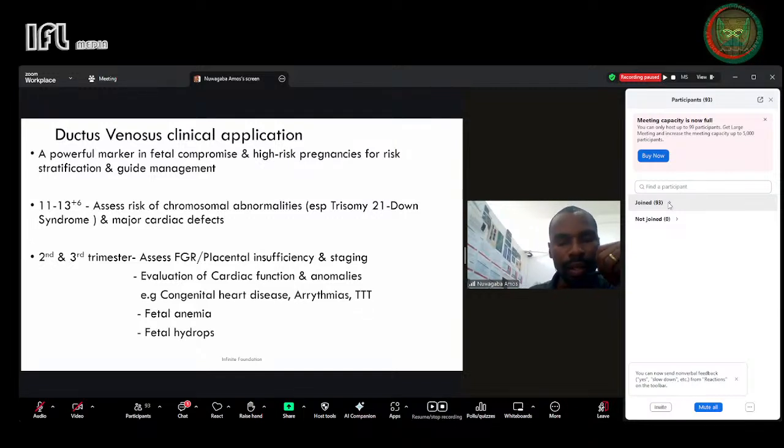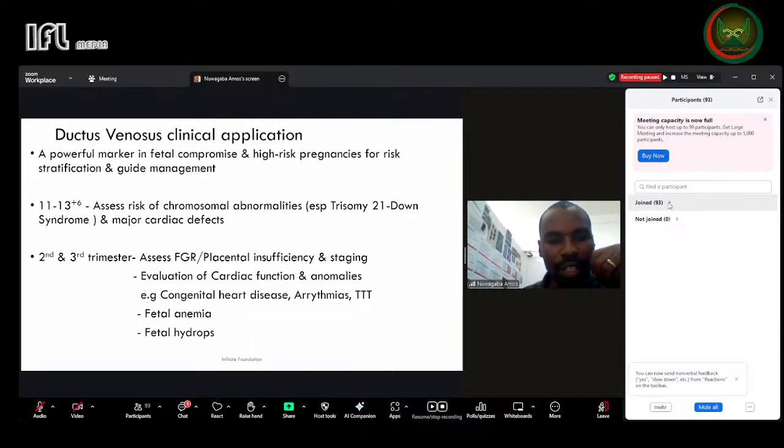We combine it with the maternal biochemistry, the mean arterial pressure, and other markers for identifying risks. In the second and third trimester, we use ductus venosus to assess for FGR, as my colleagues have already mentioned, and for staging, especially for the timing of delivery.